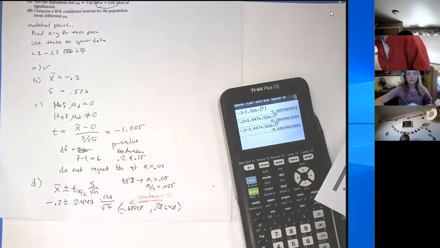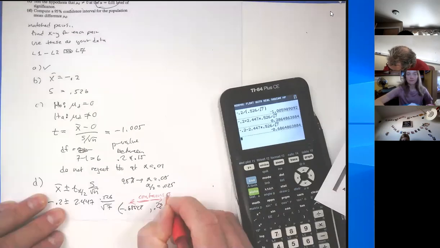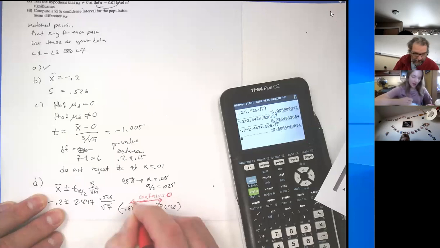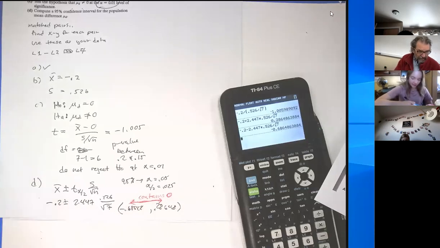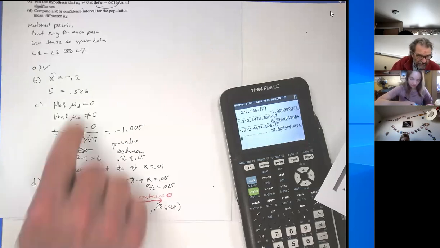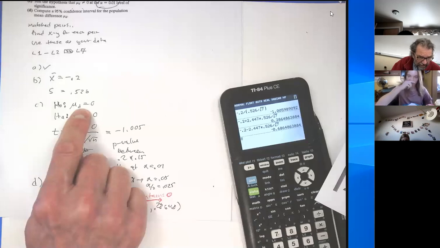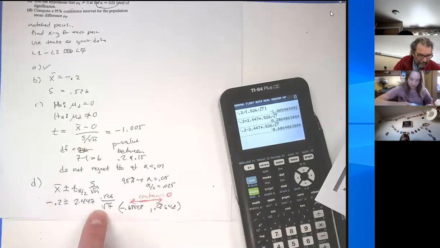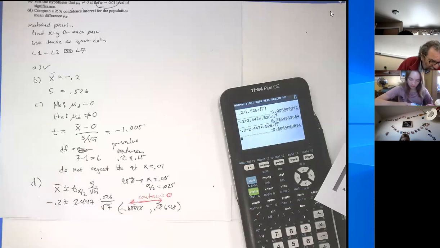When a confidence interval contains a value, that means that value is a possibility for the thing you're trying to estimate. So that confidence interval would indicate that having a mean of 0 is possible, which is what the null hypothesis said. So you're not going to reject the null hypothesis. This is a 95% interval, and so it corresponds to a 5% level of significance. At that level, you would not reject the null hypothesis.